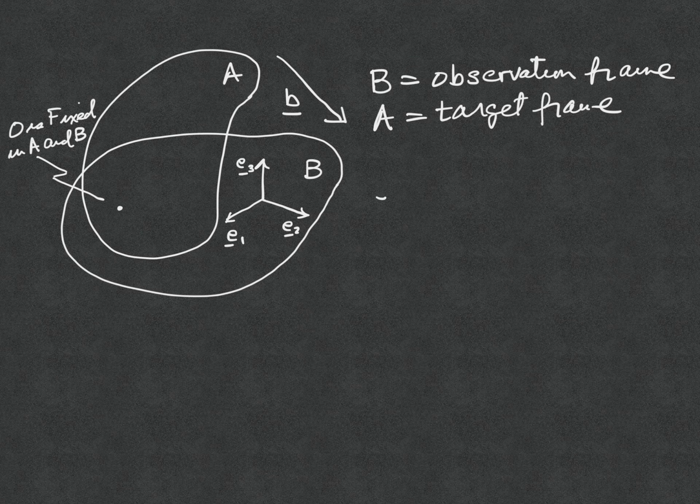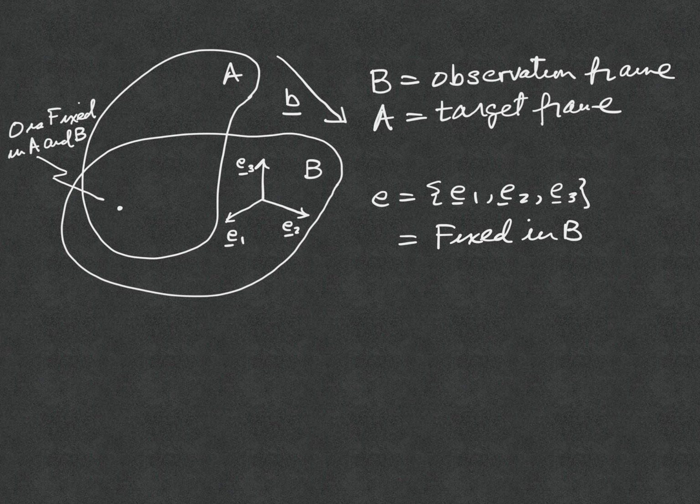So E is equal to E1, E2, E3, and it's fixed in B. It's not fixed in A. Now given that I'm able to fix a basis to frame B and I'm making all my observations in frame B, I can now describe quantitatively this vector B in that basis E1, E2, E3.